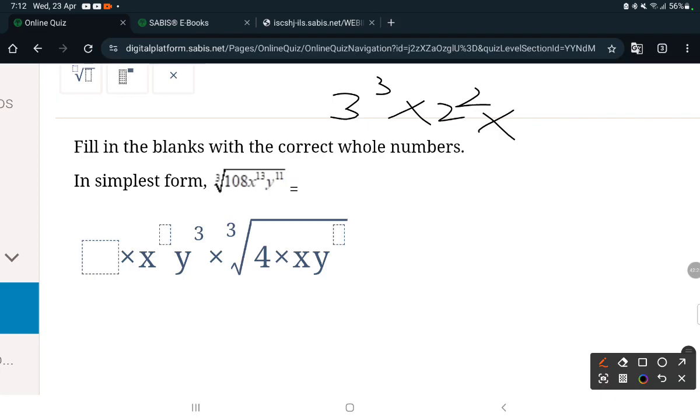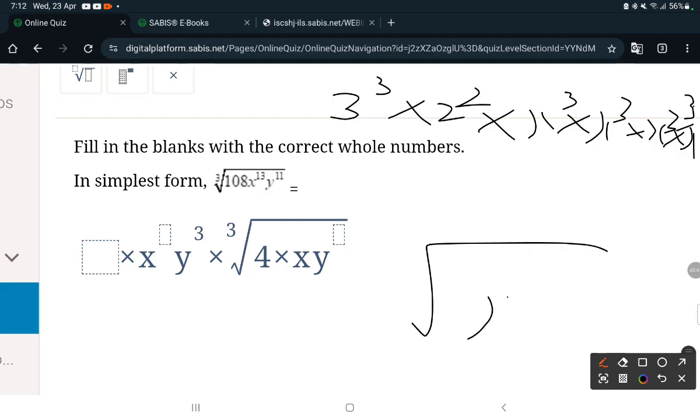And then x to the power of 13 in powers of 3 is x to the power of 3, x to the power of 3, x to the power of 3, x to the power of 3, multiplied by x. X stays the same, let's just leave it inside the radical. And then y to the power of 11 is y to the power of 3 multiplied by y to the power of 3 multiplied by y to the power of 3 multiplied by y squared.